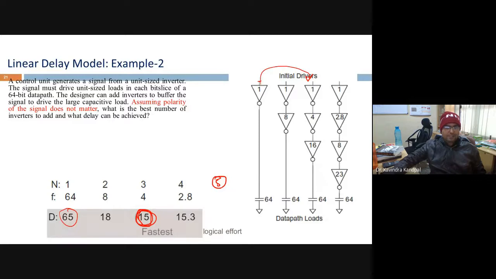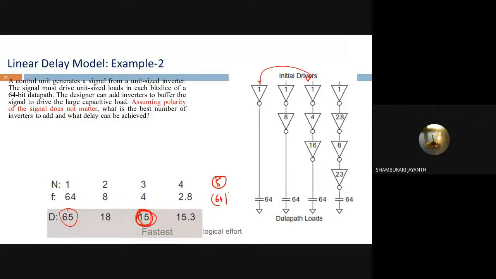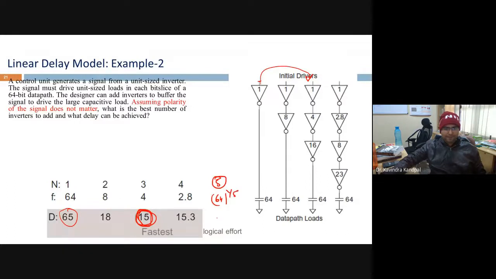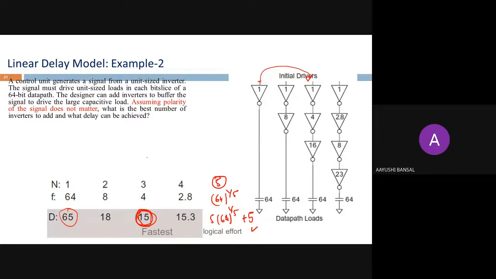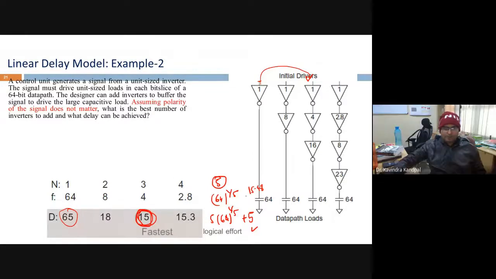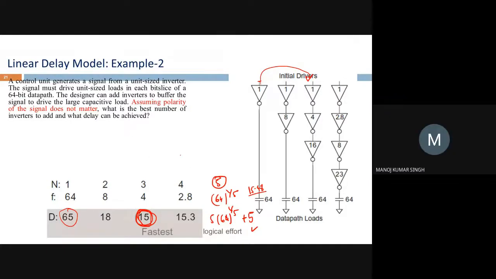If I take 5 stages, then F delay will increase: 64 to the power 1 by 5. And the net delay would have been 5 into 64 to the power 1 by 5 plus 5. Yes or no? How much are you getting? Anyone? 16.48, sir. 16.48.